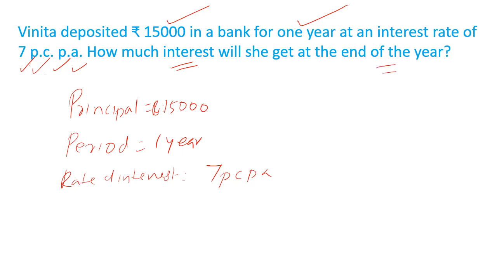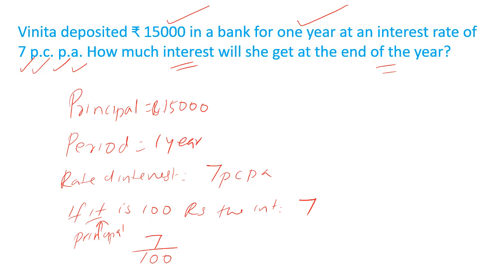And how much money will she get after that? So we will not go for too much complication now. We know that if the principal is 100 rupees, then the interest is equal to 7. So we will go for our earlier knowledge of ratio and proportion, where we will write 7 rupees if 100, then X rupees if 15,000.